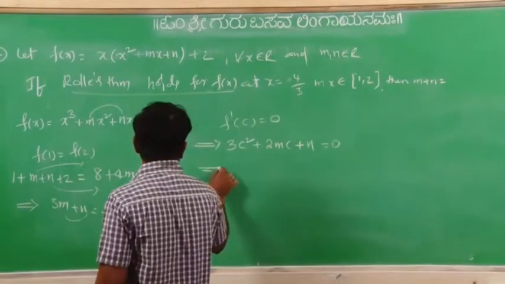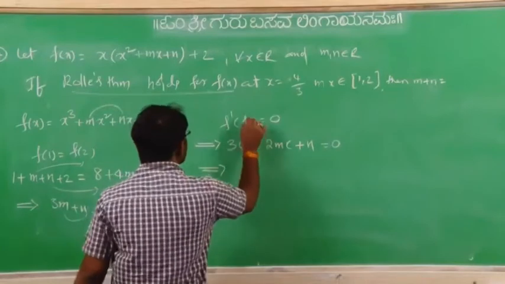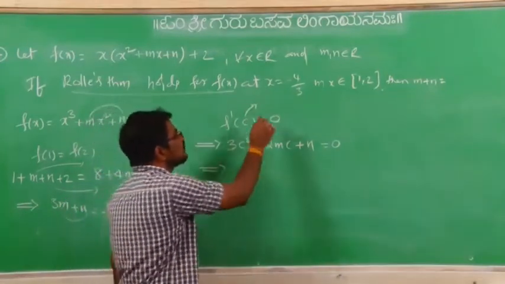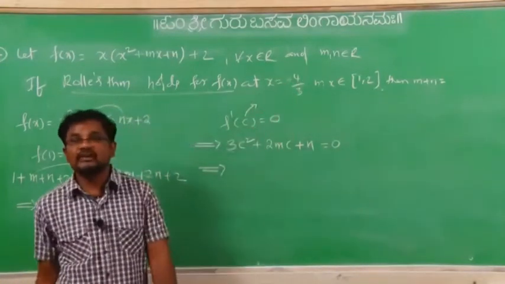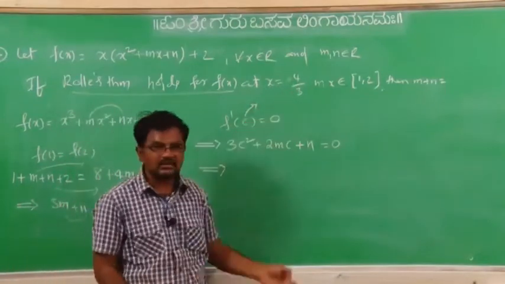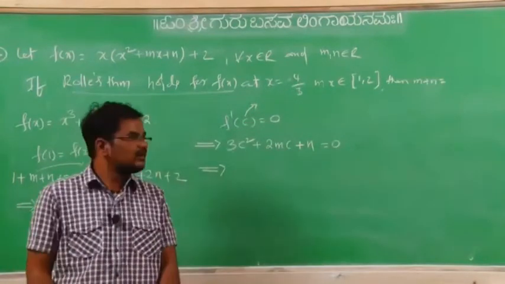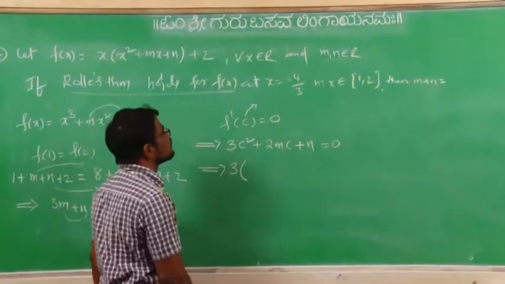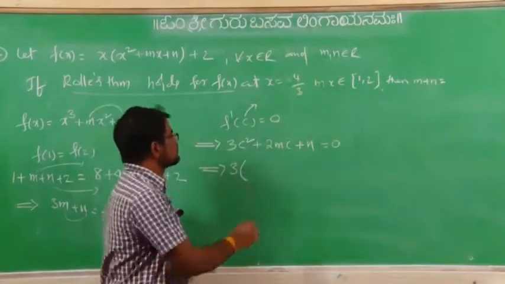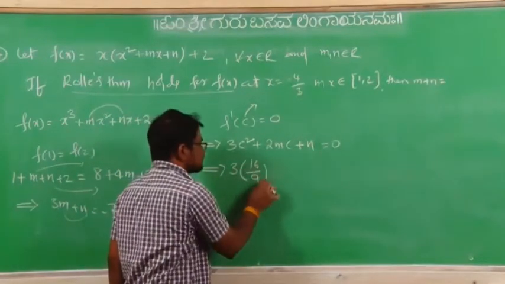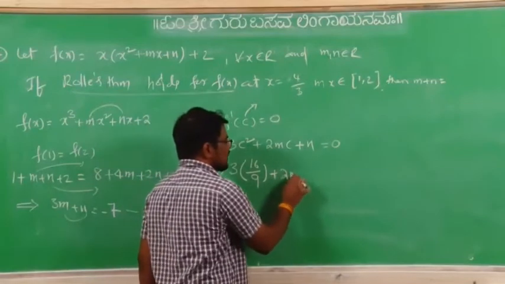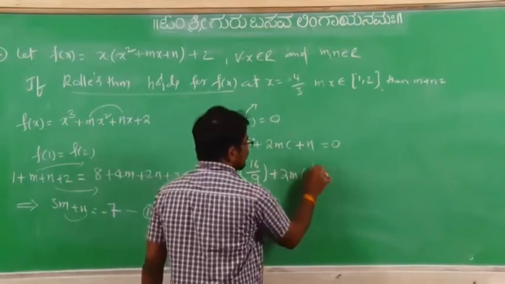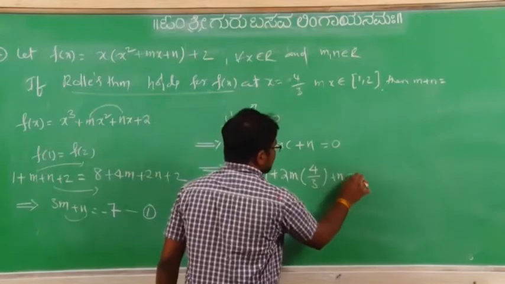Now that implies, but the c value they gave is c equal to 4 by 3, because at this point Rolle's theorem exists. So 3 into (4 by 3) whole square, which is 16 by 9, plus 2m, c is 4 by 3, plus n equal to 0.